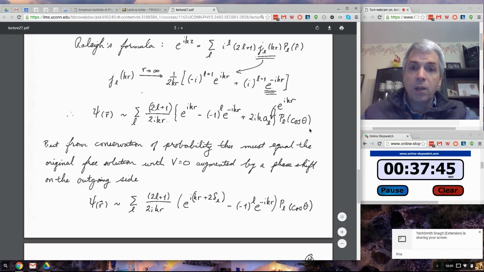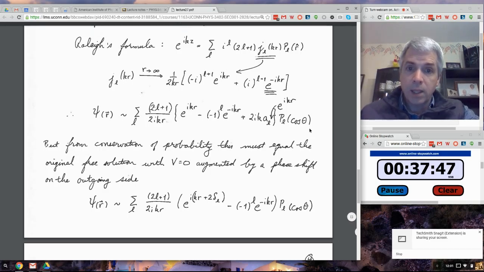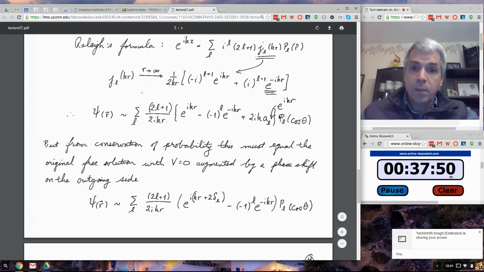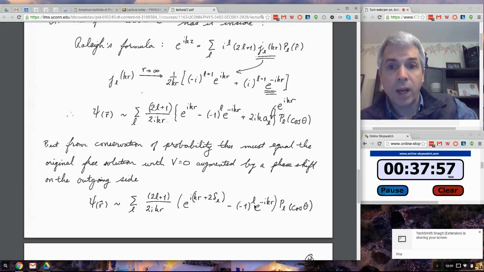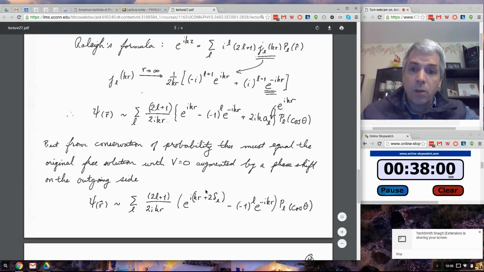This expression has to be the same as this one. And when we align similar terms, we find out what A sub L can be. Let's do it. This term matches this one identically. We did it that way so that we could simplify life. That means that all the powers of e to the IKR that appear here have to equal that here. Well, here, the only thing is the coefficient e to the 2I delta.